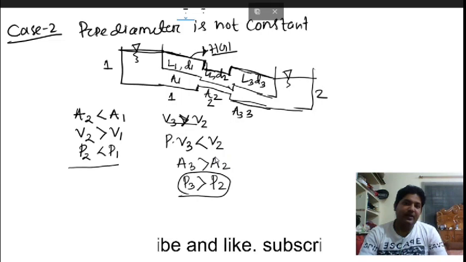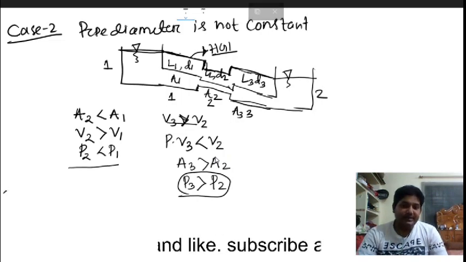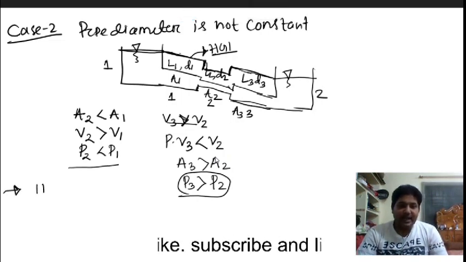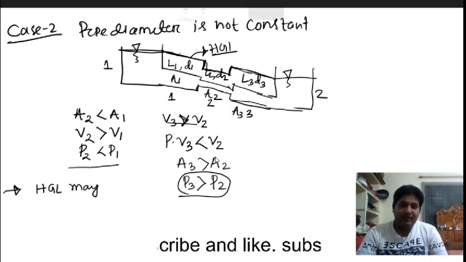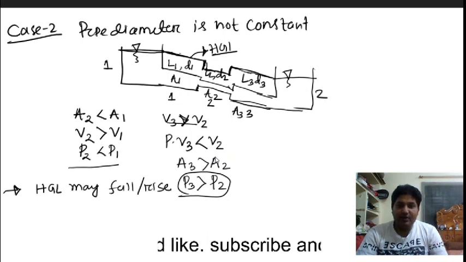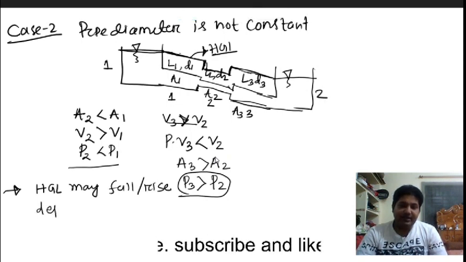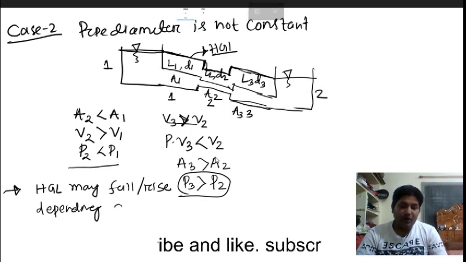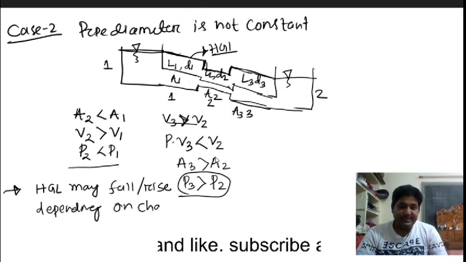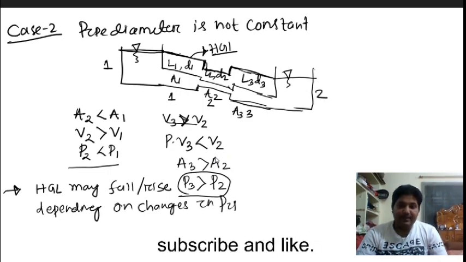So you can conclude one point: this hydraulic gradient line may fall or rise depending on changes in pipe diameter.